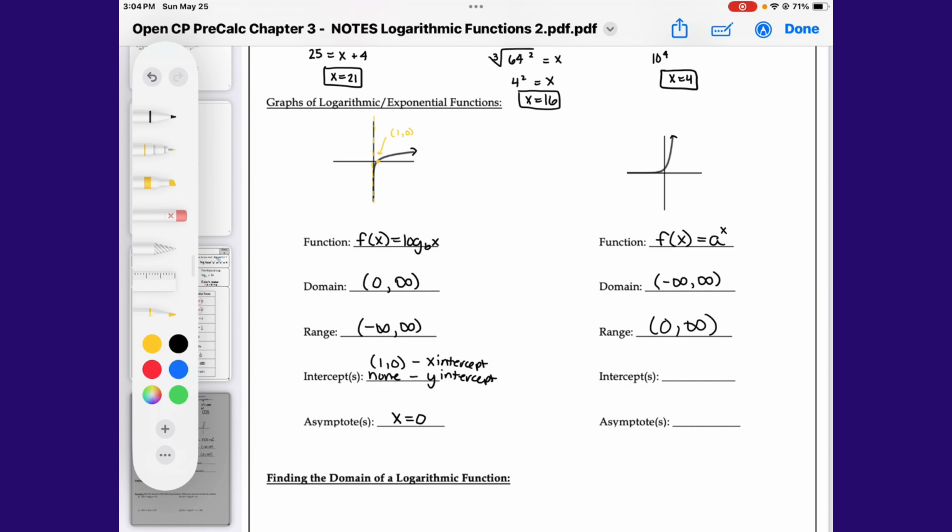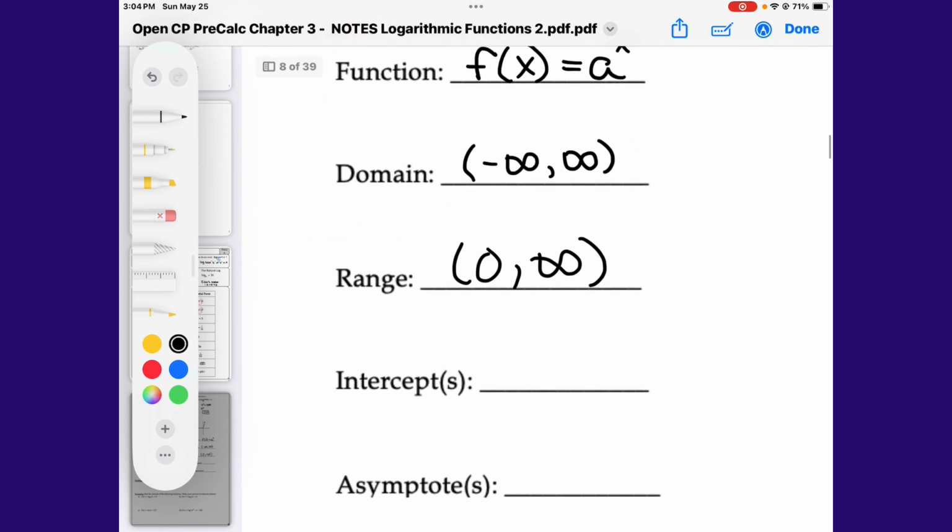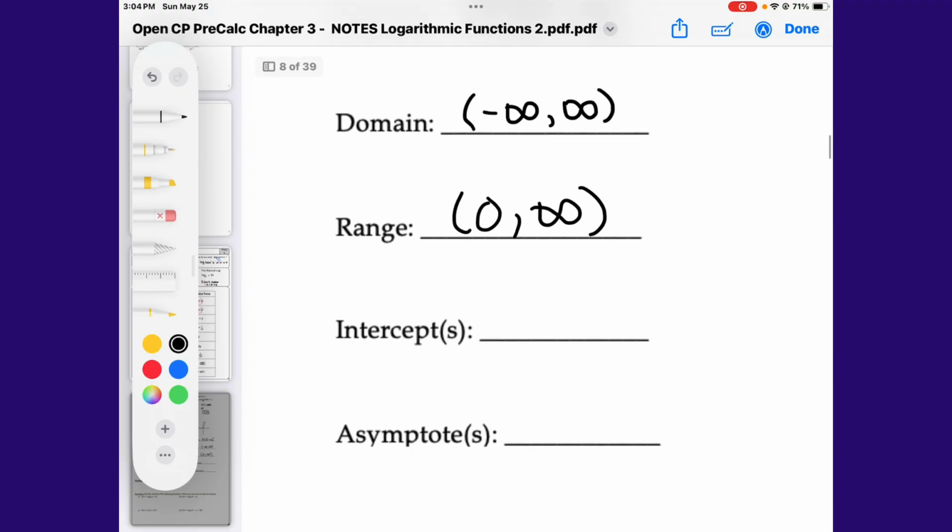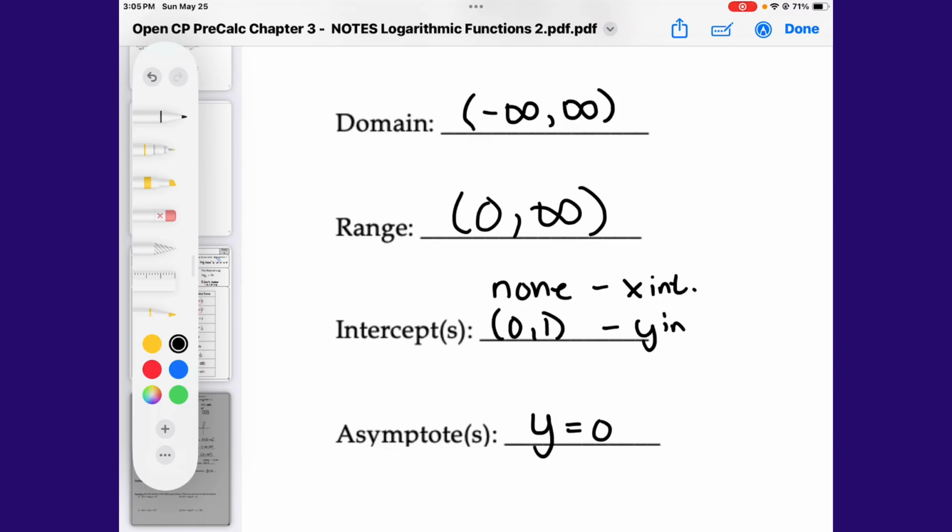Those go in both directions, but we do not touch the x-axis at all because we have that horizontal asymptote at y is equal to 0. So our x-intercepts, this time there are none. And our y-intercept is the inverse.